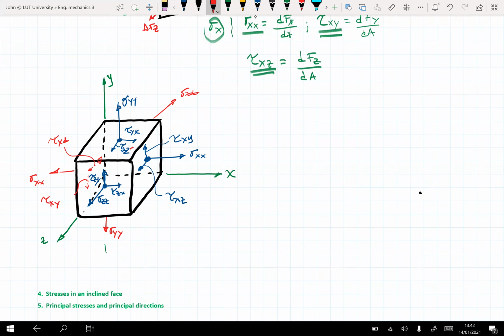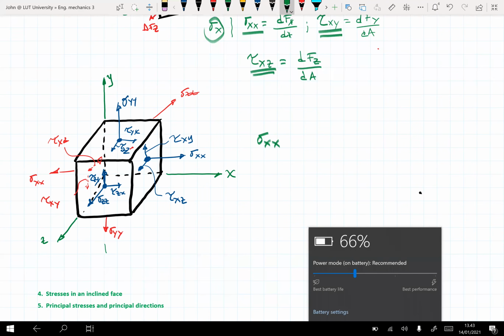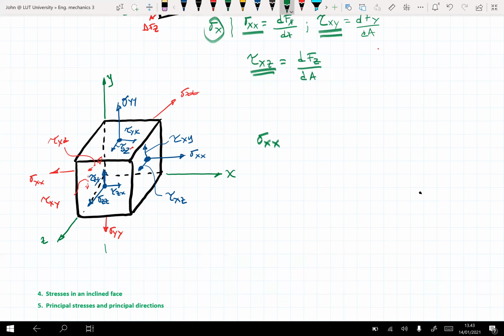So for example, this stress here is written using two subindices.